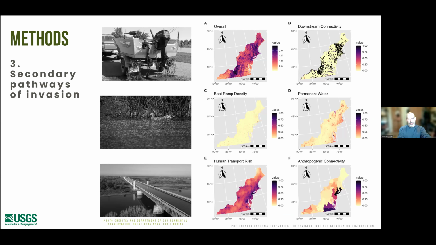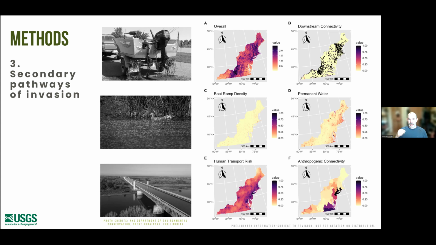So the final part of the methods is looking at what are these spatial representations of secondary pathways of invasion? And so again, this is looking at both natural and human-mediated modes of movement. I will highlight 2 main things here. So B in the upper right, the downstream connectivity. This is our one pathways layer that is species specific.